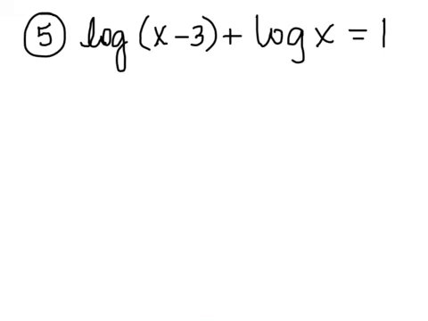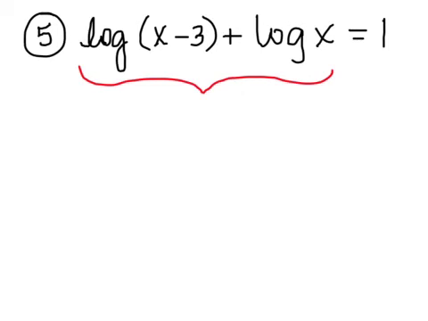Here's one that has two logs in it on one side and then no logs on the other side. You wouldn't want to take logs of both sides or anything like that. You can just try to see if you can get all this as one log, and then that might allow you to use the definition of log to get it out of logs altogether and into exponents instead.